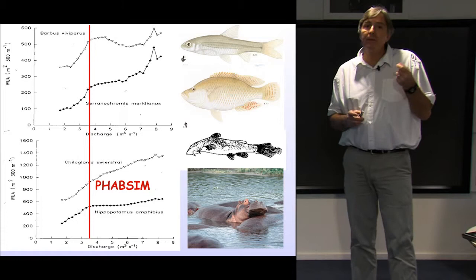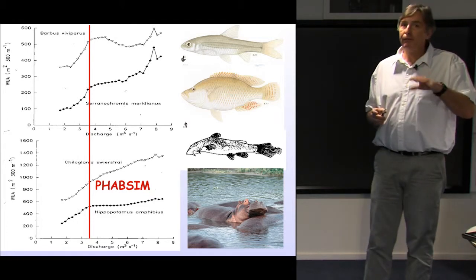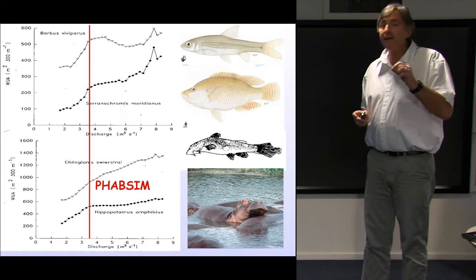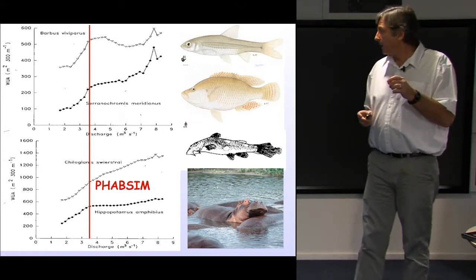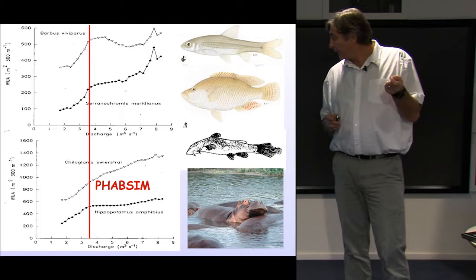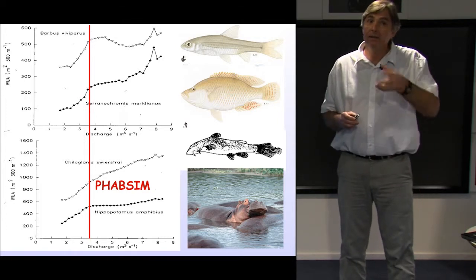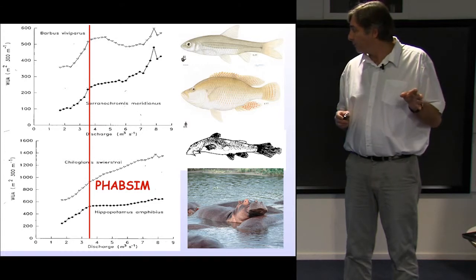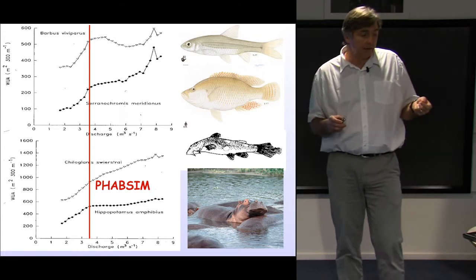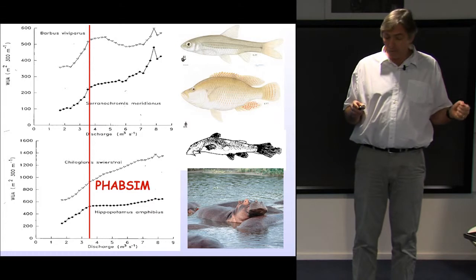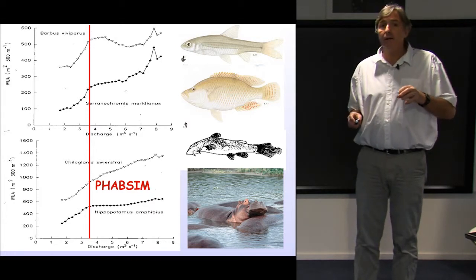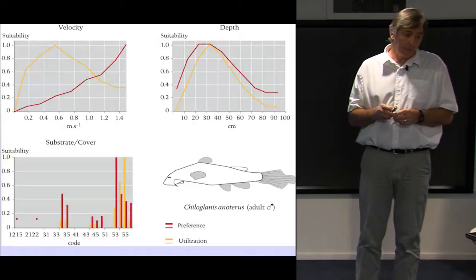So from the fish and aquatic mammal point of view, you could say that what they're indicating is that once the flow goes below 3.5 cubic meters per second, they're not going to be very happy. They're not going to survive too well because their habitat is reducing very fast at flows below that. So that's the kind of way that you can assess the flow requirements.